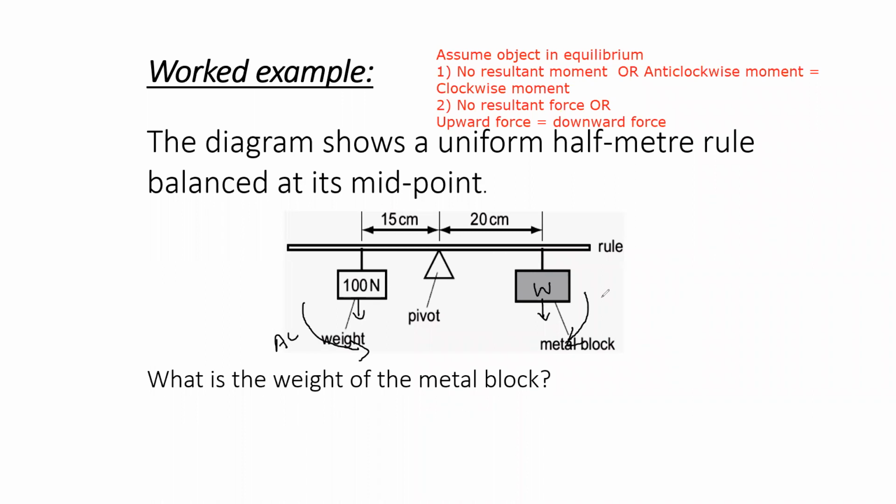This will cause a clockwise rotation. And because we always assume in these types of questions that the anti-clockwise moment is equal to clockwise moment, because we assume it is balanced or in equilibrium.